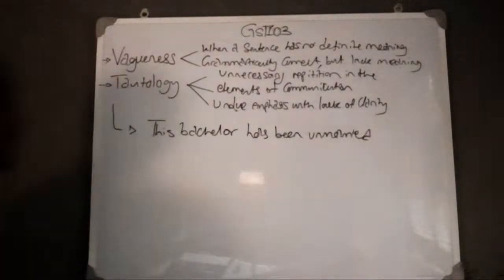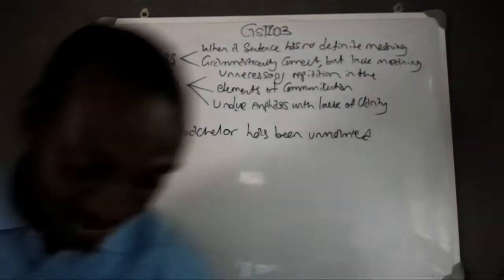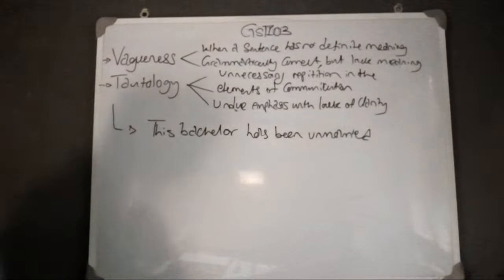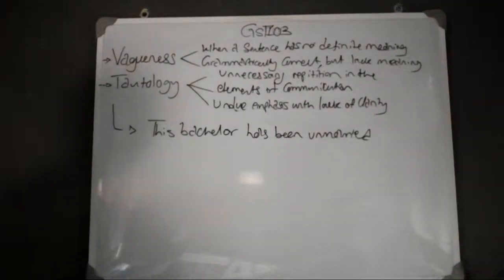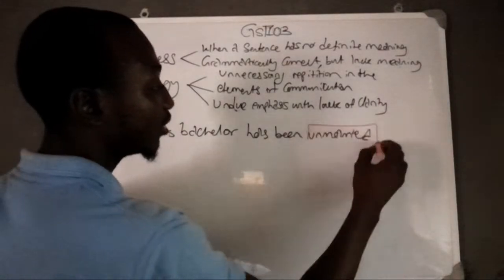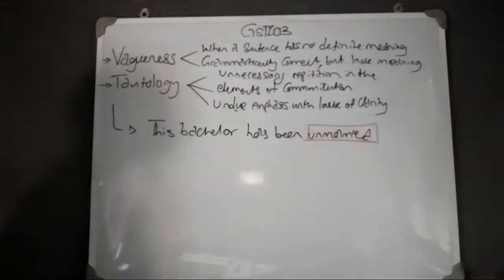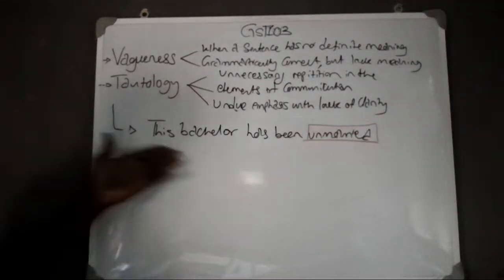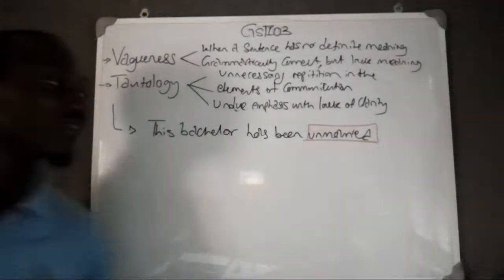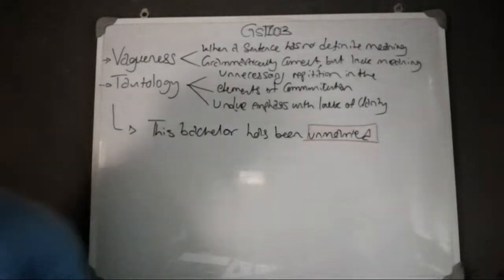Now, you said somebody is a bachelor. Is using has been unmarried really necessary? When you call somebody a bachelor, it means the person is not married. See what tautology is all about? This bachelor has been unmarried.